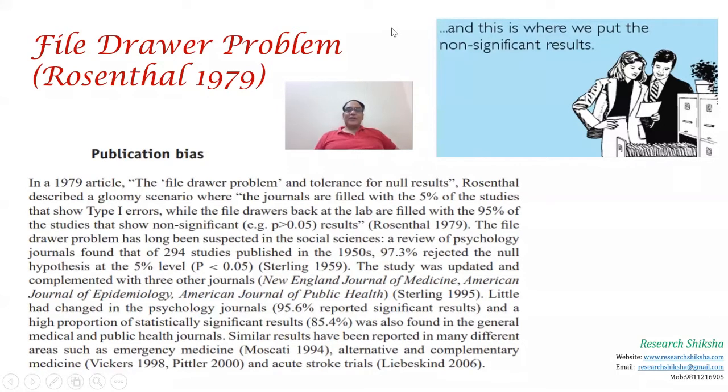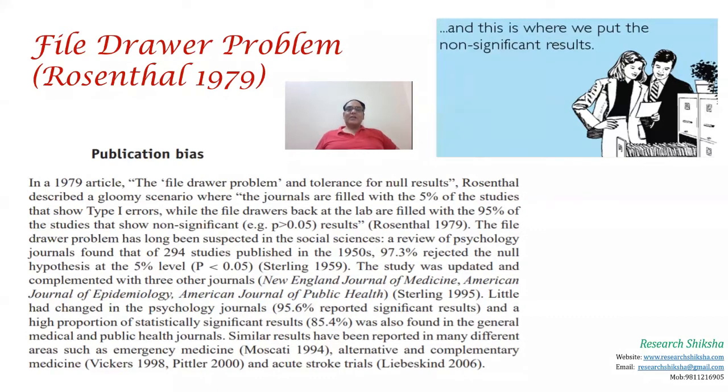So the concept is very simple. If we do a study and find significant results, we feel enthusiastic and send the results for publication. And in case we are doing a study but the results are not found to be significant, so what do we do? We put the study into the drawer. So we don't like to publish those studies. Even I tell you, because in finance, some unique idea always comes to my mind, and I want to prove that idea.